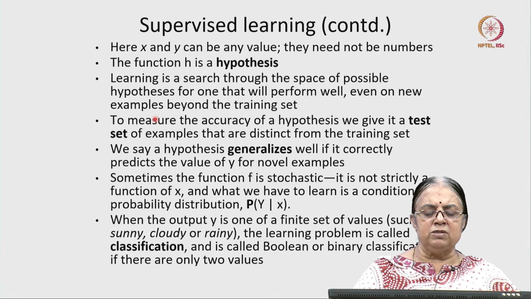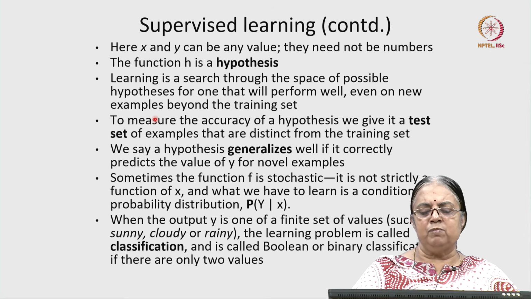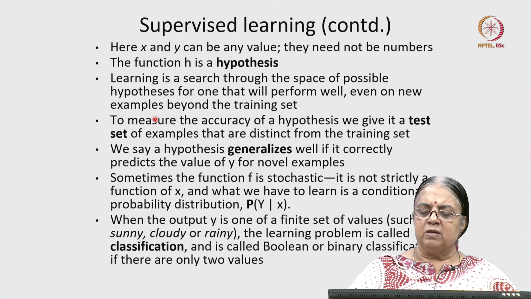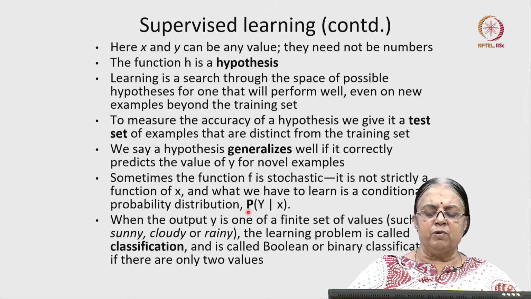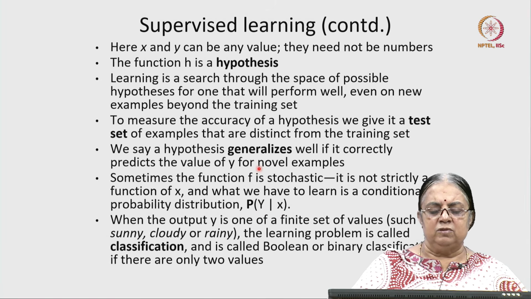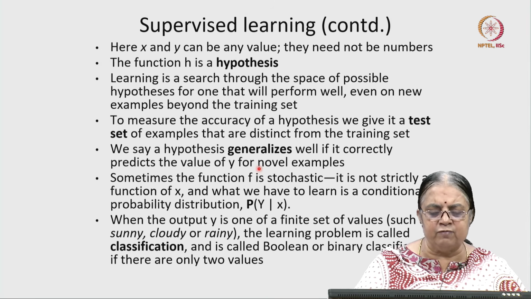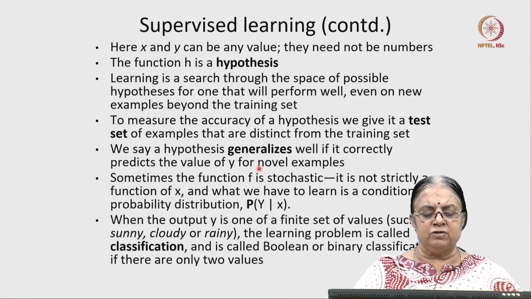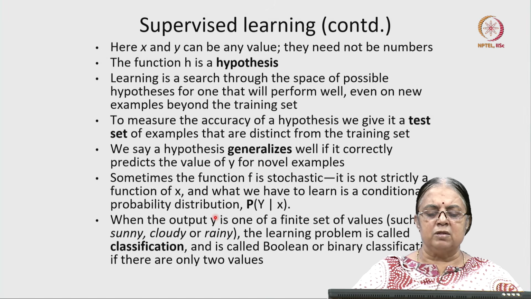Sometimes you can use probabilities. Okay. So, you do not use just a function of x. You are finding out the conditional probability distribution p(y | x), that is, the probability that it belongs to a particular class given the example x. So, that is one type of classification that we are going to use.